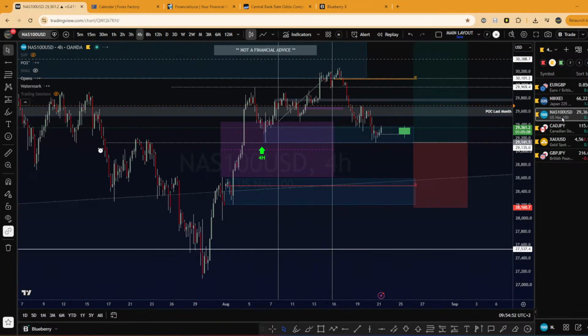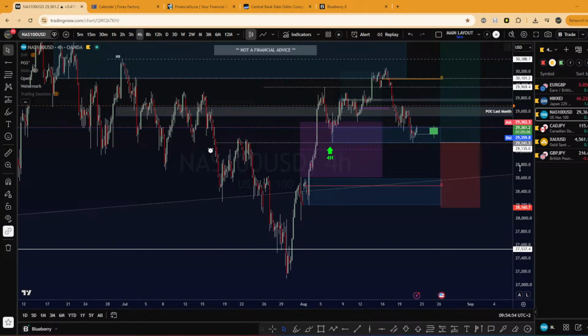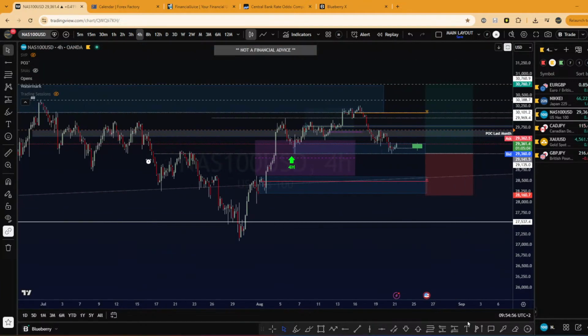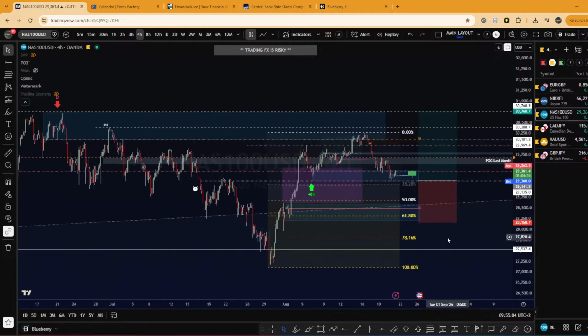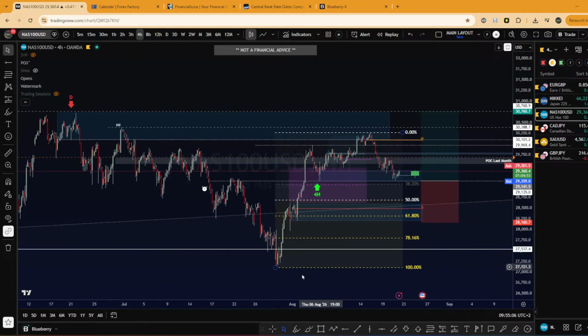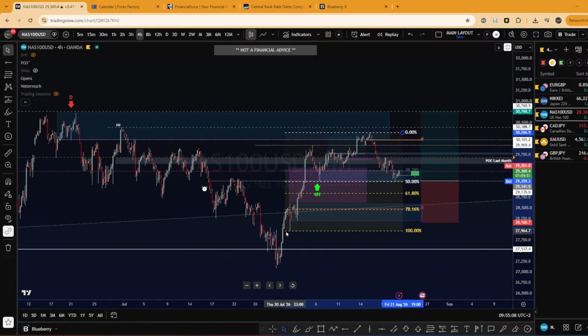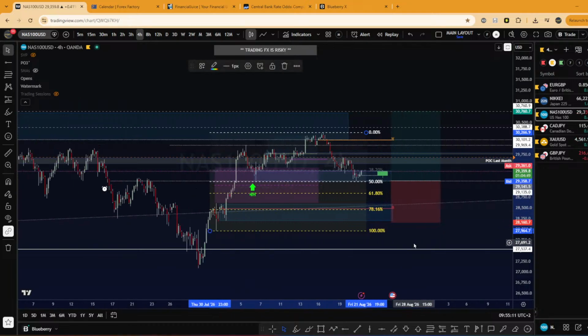So on Nasdaq, I think I want to see a little bit of retracement around discount zone before entering, or maybe if I make it here, yes.